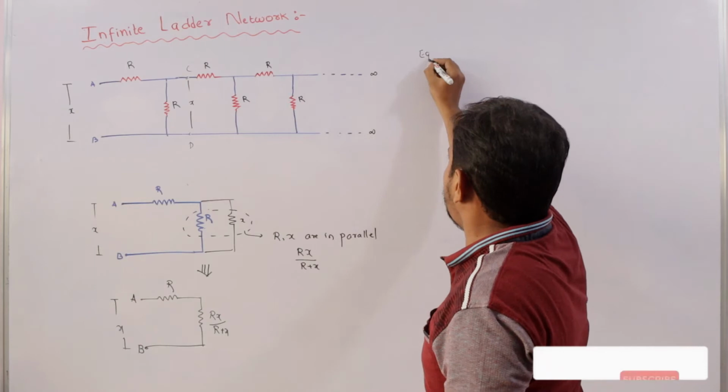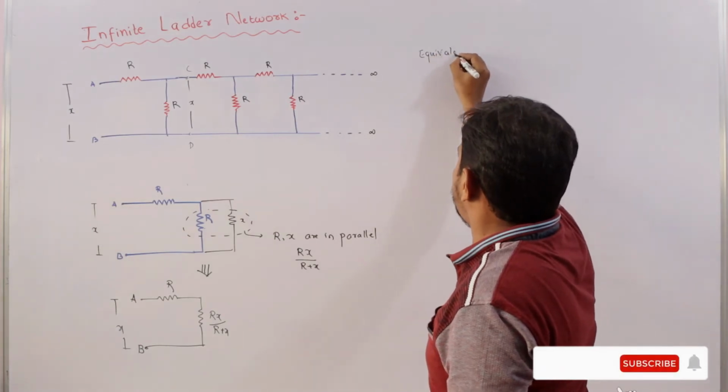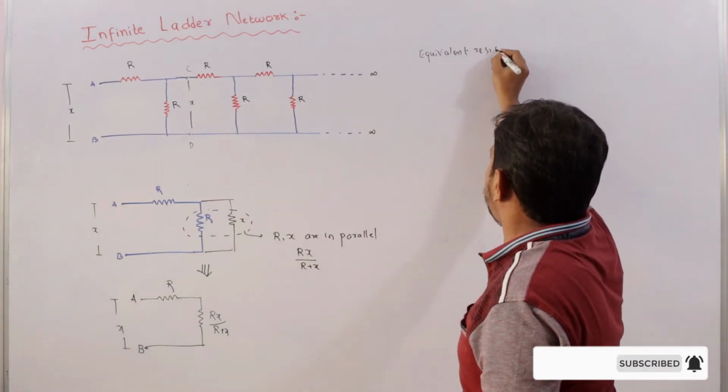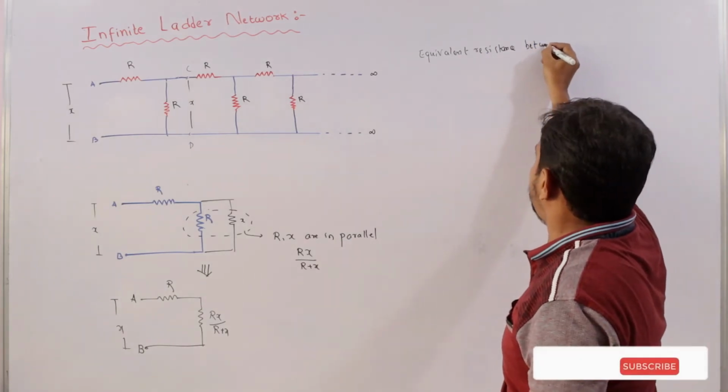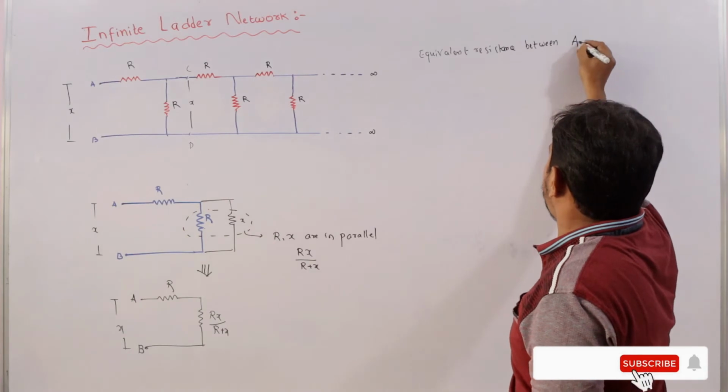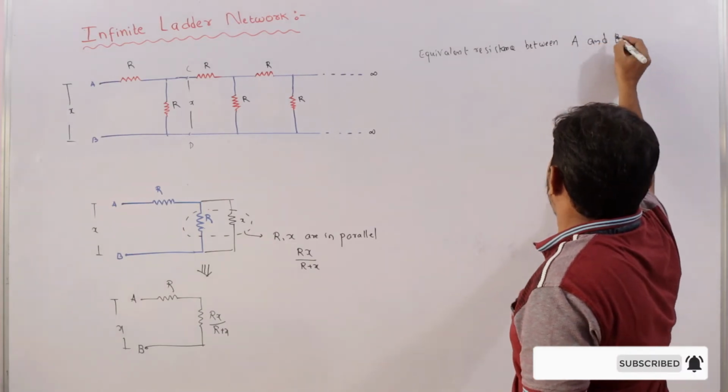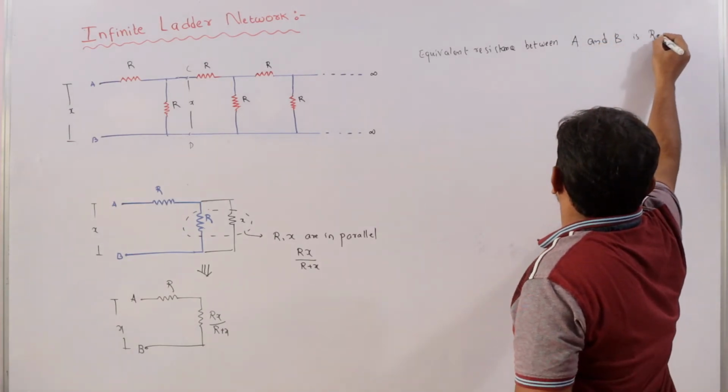So the equivalent resistance between A and B is RAB.